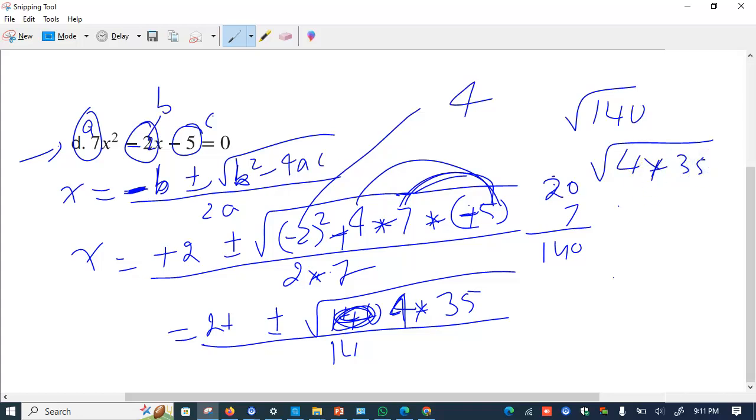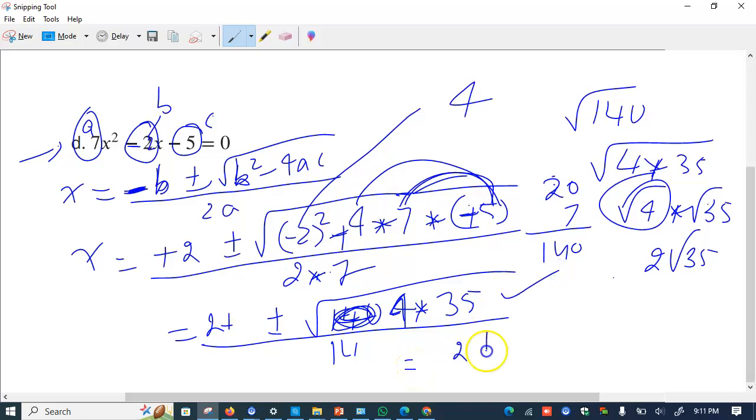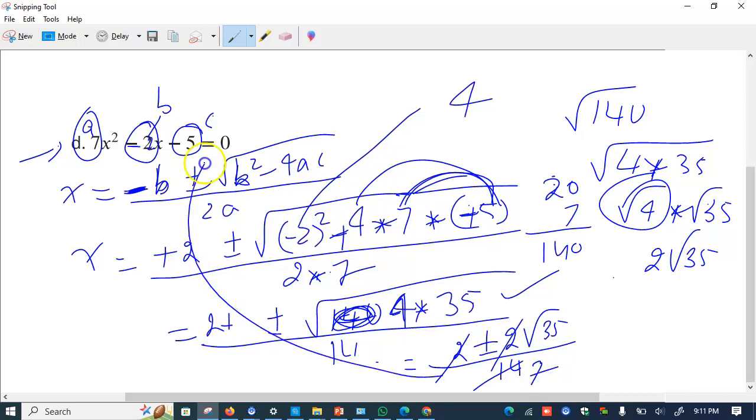You can write it this way, and the square root of 4 is 2. It becomes a little complicated because of this. So it becomes 2 plus or minus 2 root 35, and the denominator is 14. Still you can reduce this by dividing everything by 2, and you get 7. So your two answers are 2 plus or minus root 35, divided by 7.